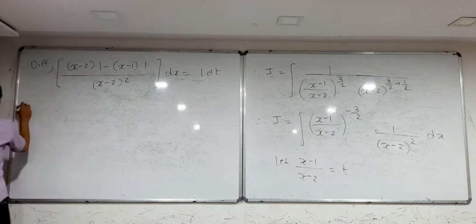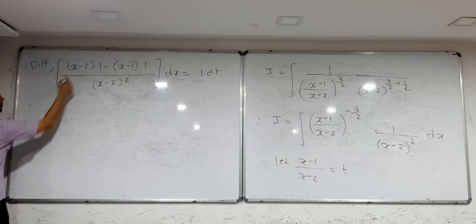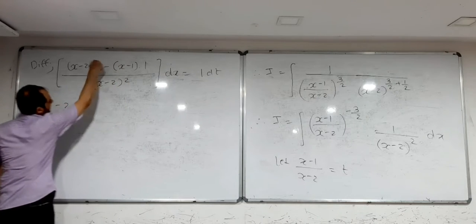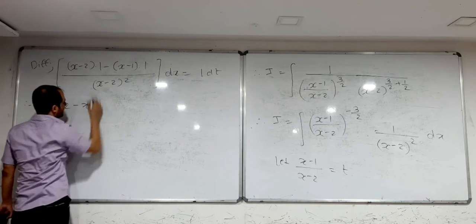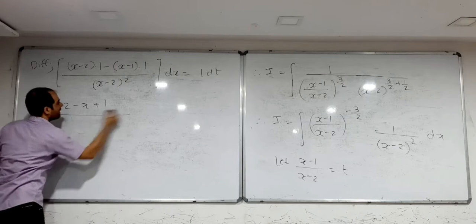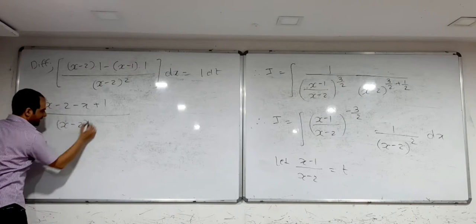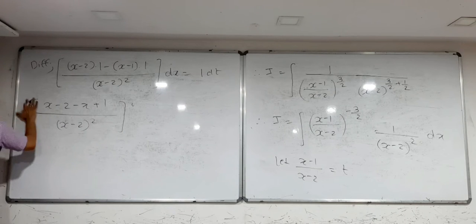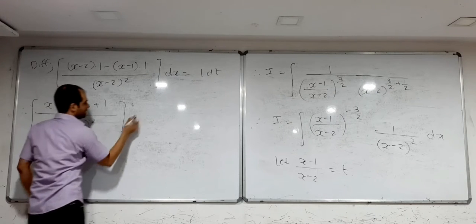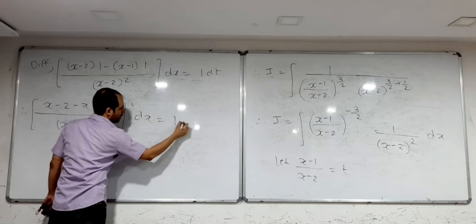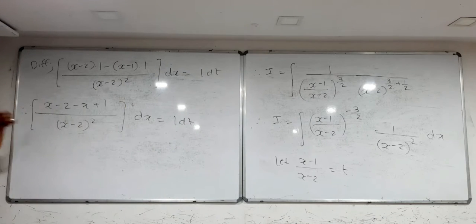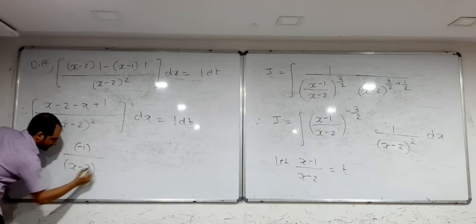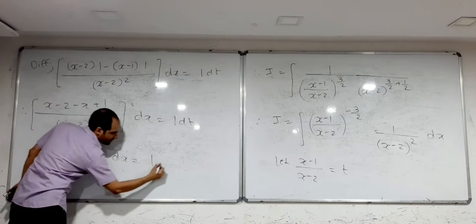Okay, differentiation over with respect to x, dx is 1, and the derivative of t with respect to t is 1. Over the brackets, x minus 2 into 1, minus x minus 1, plus 1, whole upon, be very careful, x minus 2 the whole square. Then dx is equal to 1 dt, x is cancelled, so minus 1 upon x minus 2 the whole square dx is 1 dt.